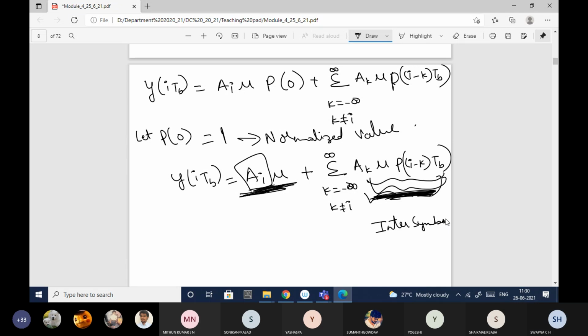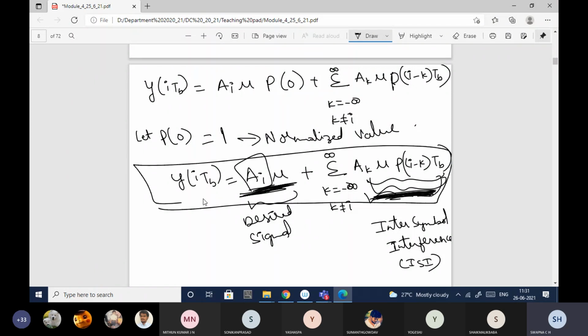This is your ISI, inter-symbol interference, and this is the desired signal. So I've got the output with the desired signal as well as the inter-symbol interference.